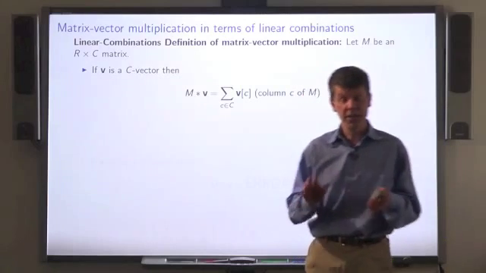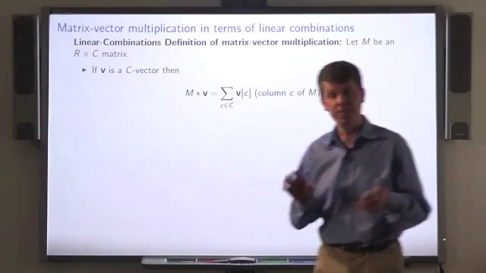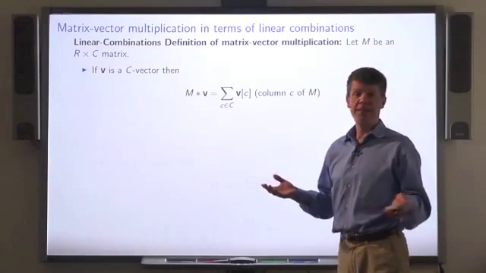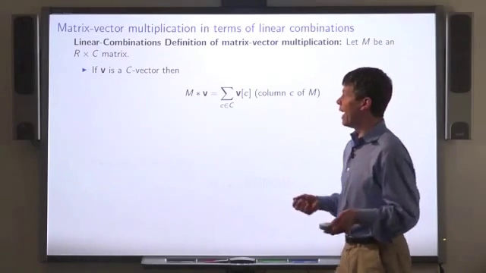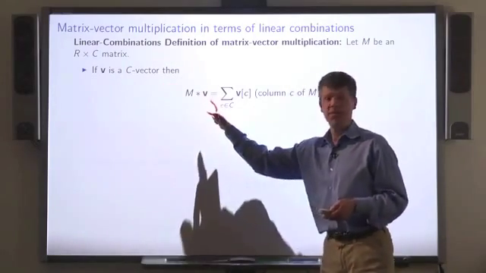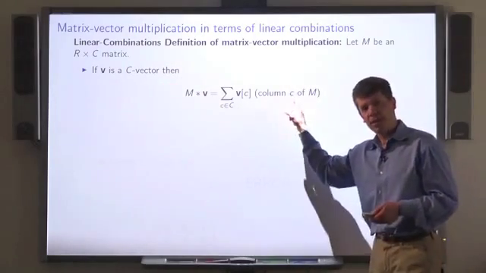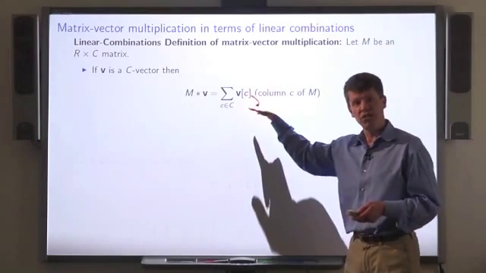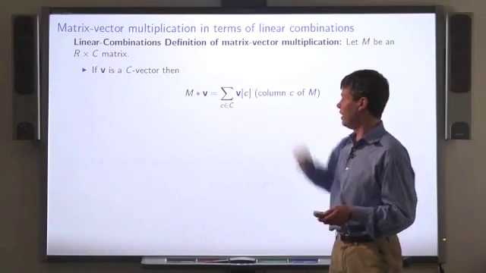We start with the linear combinations definition of matrix-vector multiply. Given an R by C matrix M, if v is a C-vector, then the product M times v is the linear combination of the columns of M where the coefficients are given by the entries in v.